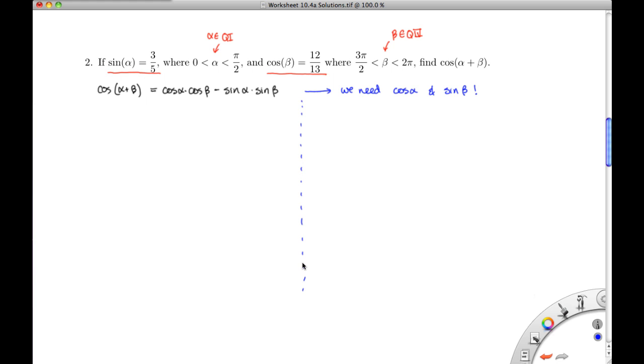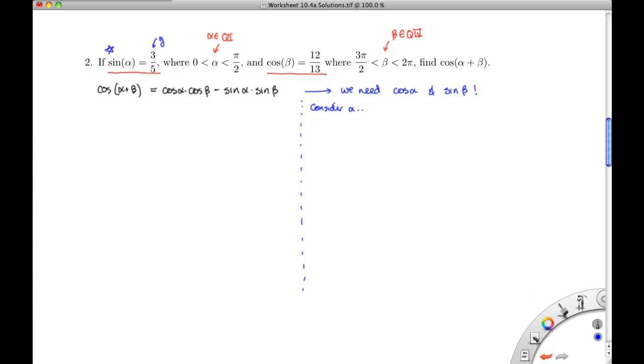We're going to look at alpha and beta and see what we can figure out here. So let's consider alpha. If we wanted to find the cosine of alpha, one way to do this would be to find the x, the y, and the r, and then define cosine as x over r for alpha. So let's see what we have so far. Given that the sine of alpha is equal to 3/5, we know that sine is y over r.